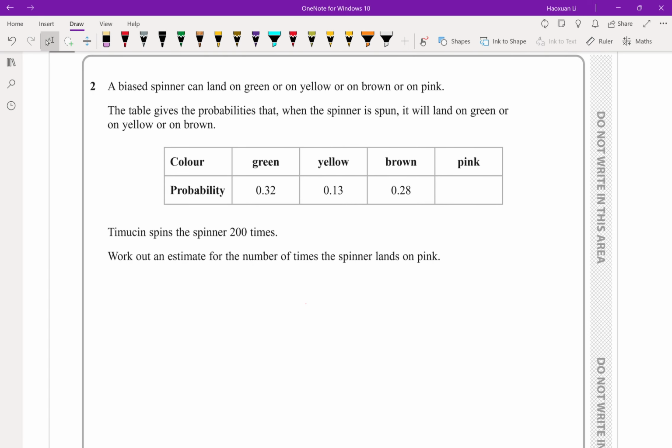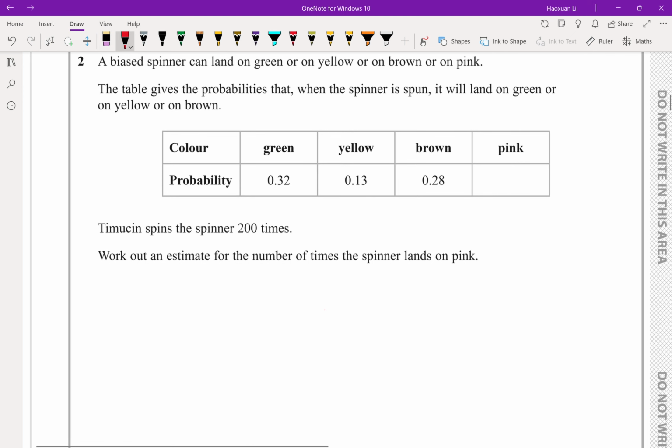Question 2. So this shows the probability that it can land on each color of the spinner. Right. And then this guy spins the spinner 200 times. You're meant to work out the estimate for the number of times the spinner lands on pink. So always bear in mind that the probability adds up to 1.